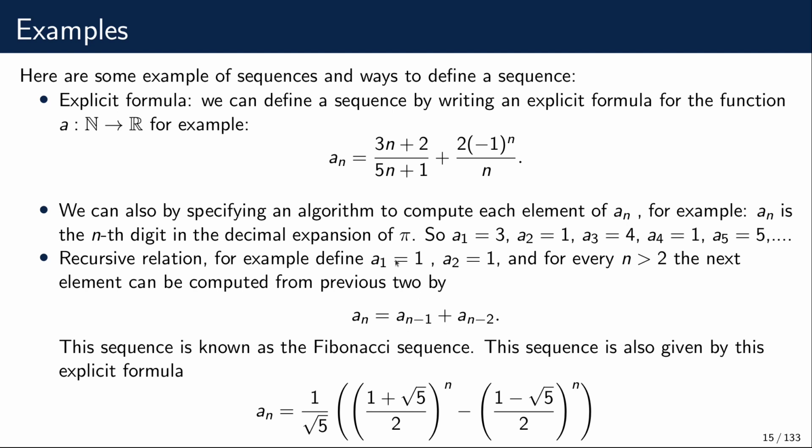Of course, we can use this rule to compute that a3 is 2, and then that a4 is 2 plus 1, which is 3, etc. It is somewhat surprising, but although it was specified algorithmically, in terms of needing to compute it step by step, a general formula can be found. It can be proved that this general formula gives the nth element.